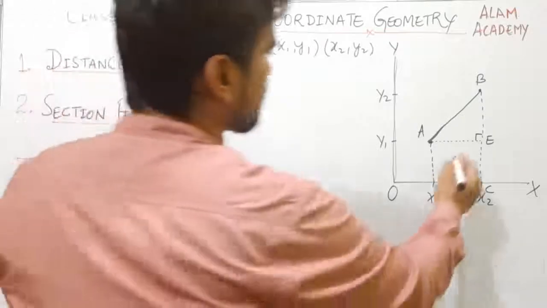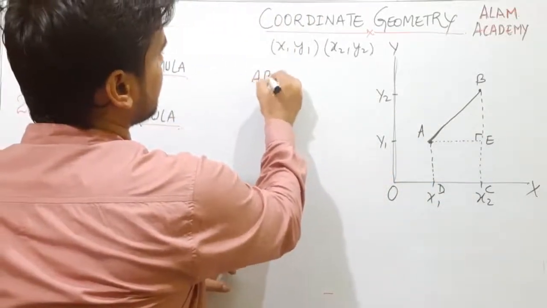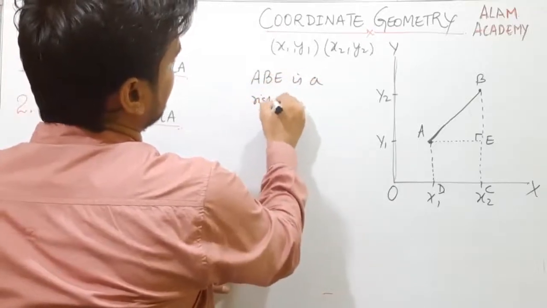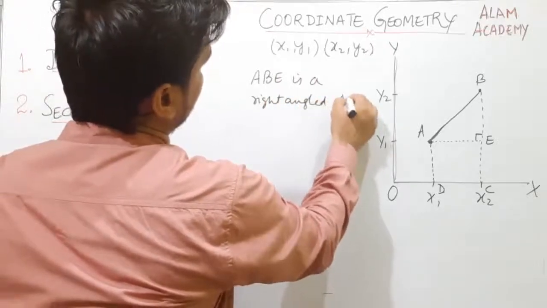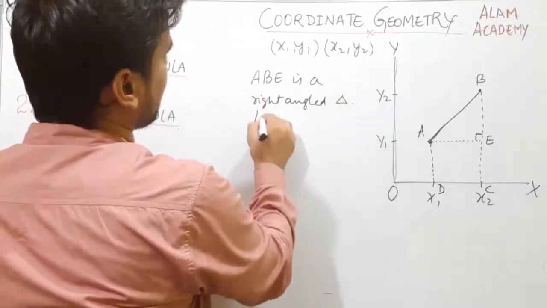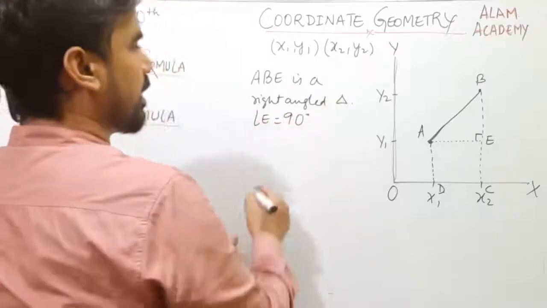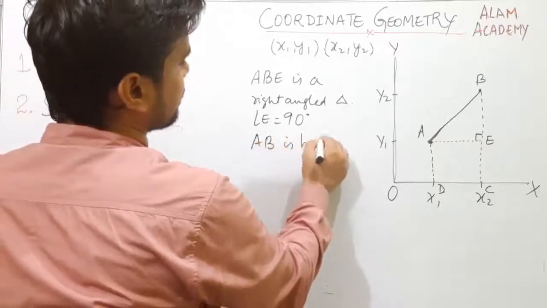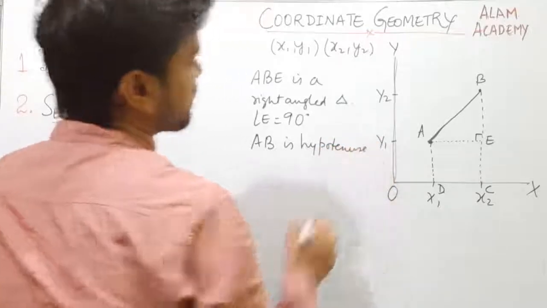So in this right angle triangle ABE, angle E is equal to 90 degrees and AB will be what, AB is hypotenuse here.